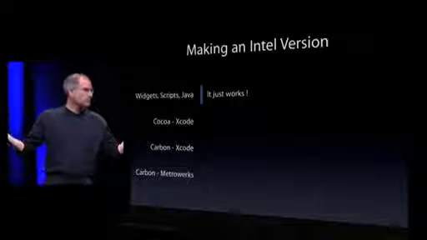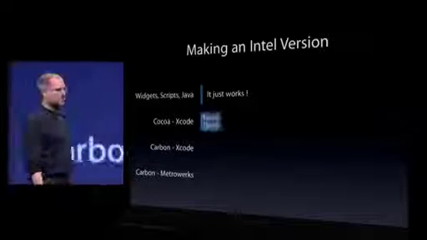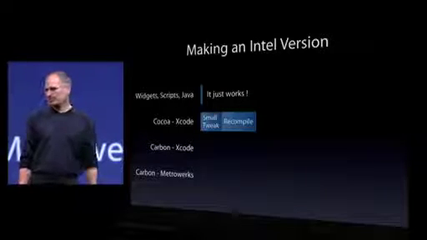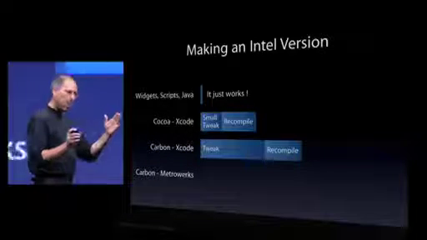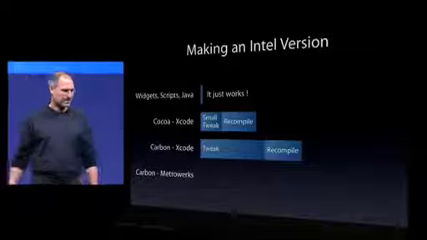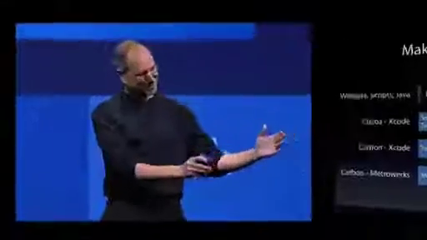Widgets, scripts, and Java just work. They just run. Nothing to do. Cocoa apps, a few minor tweaks and a recompile, and they just work. Carbon with Xcode, more tweaks and a recompile, and they're going to work. And in Metrowerks, the first thing you have to do is move to Xcode.